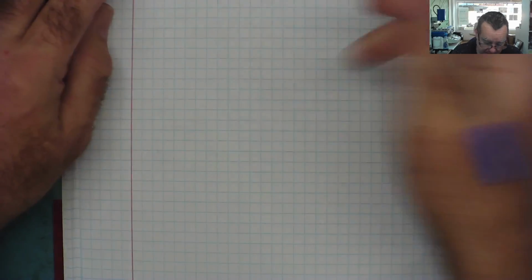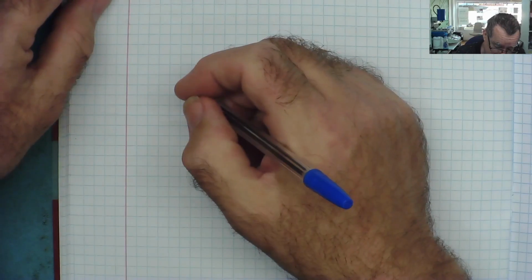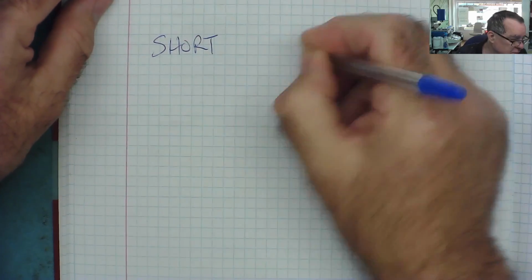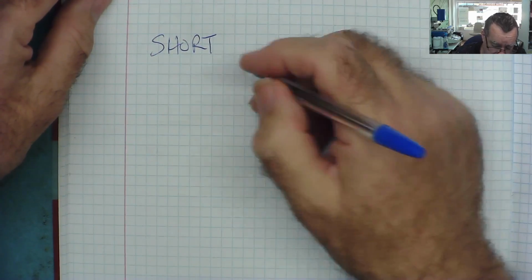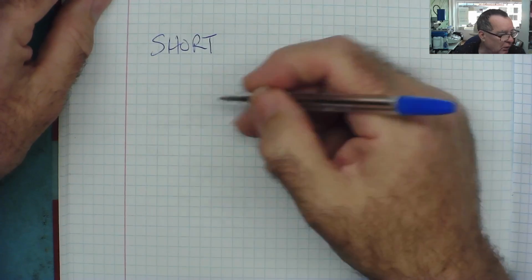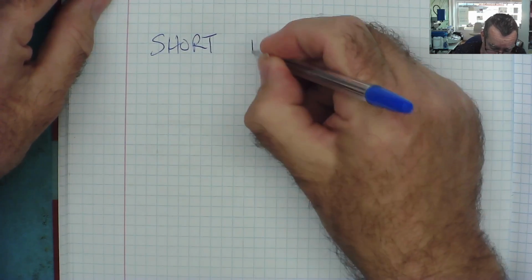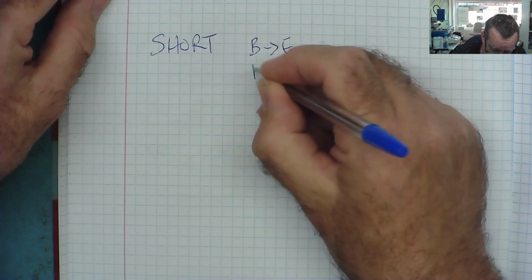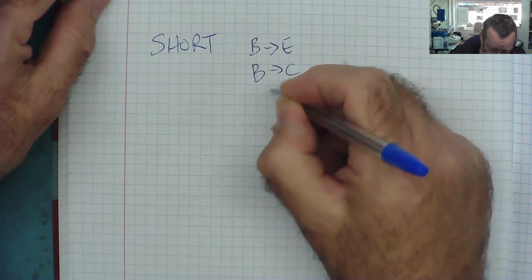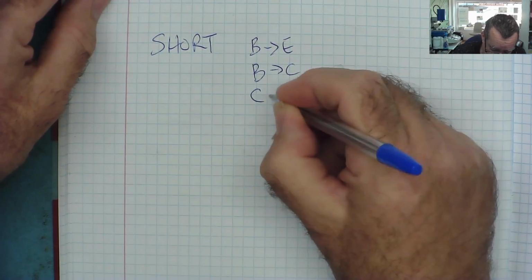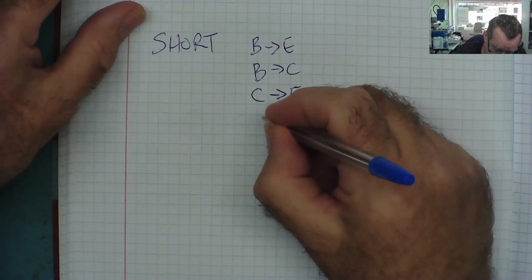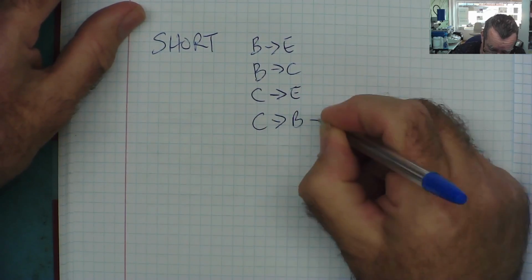So the main way a transistor fails is to go short circuit. They can go short between any or all of the terminals. So they can go short base to emitter, base to collector, and collector to emitter, and any combination of all three: collector, base, emitter.